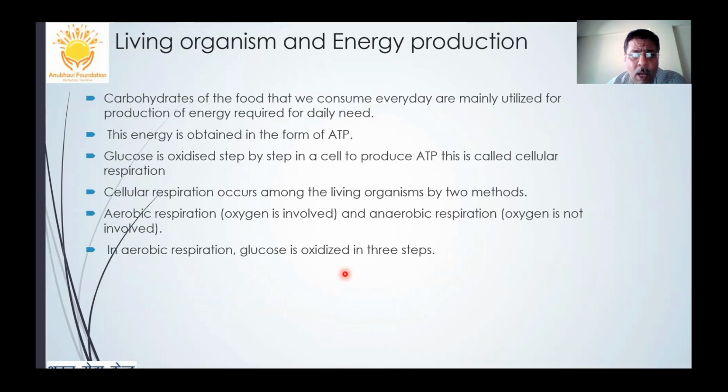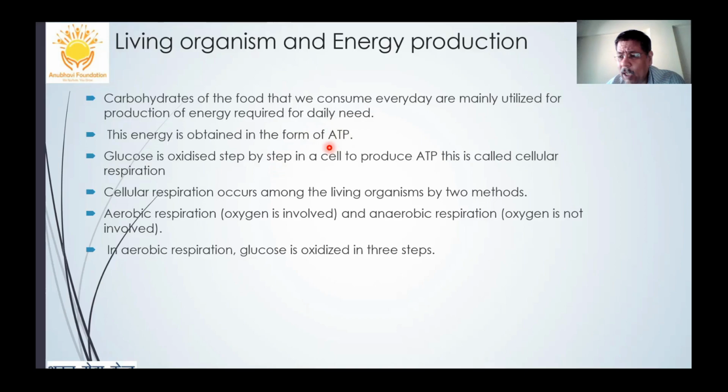Now, living organisms and energy production. Carbohydrates, the food that we consume every day, are mainly utilized for production of energy. This energy is obtained in the form of biological energy, that is ATP, adenosine triphosphate.